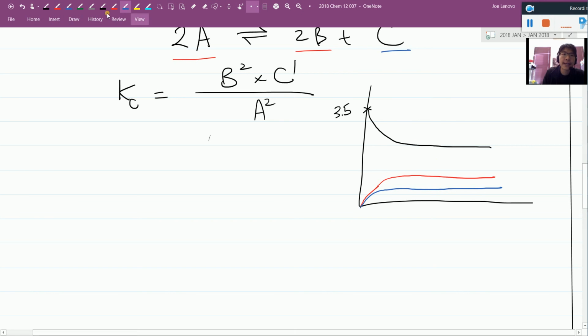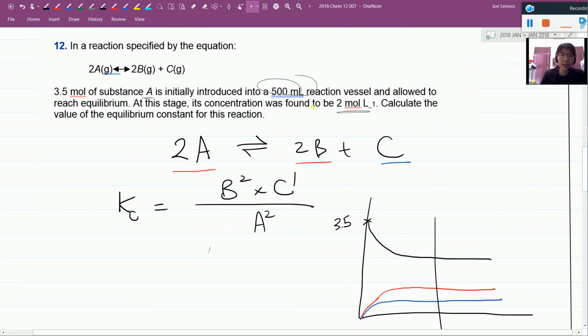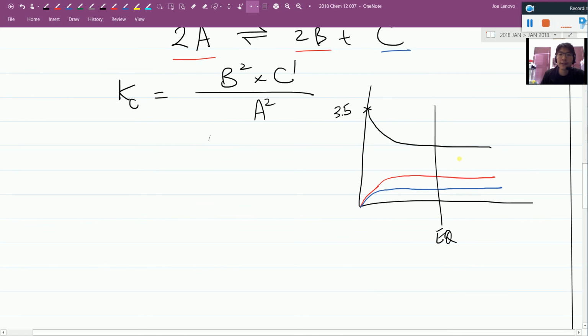So in your mind, knowing this is your equilibrium, and that the ratios change according to them, the additional information we are given is that at the end we only have 2 moles of A left. So at this point there are 2 moles.